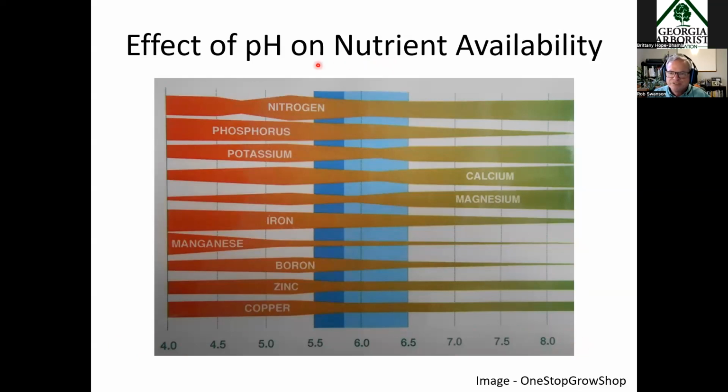This blue area, this is kind of the Goldilocks zone where everything can be available to the plants. So where I live here in Central Texas, we have 7 to 7.25, so we're somewhere in here. So we do often have manganese and boron deficiencies. Phosphorus becomes a little more bound up than it would over on the East Coast where you guys have more acidic soils.